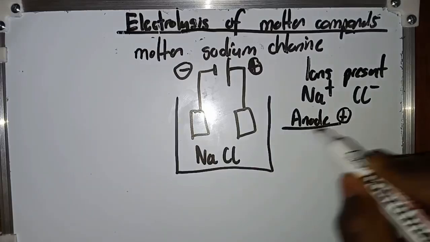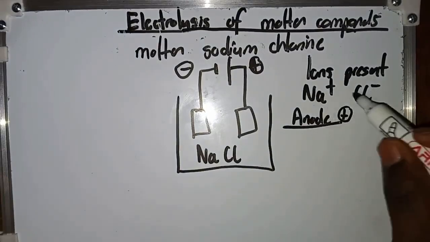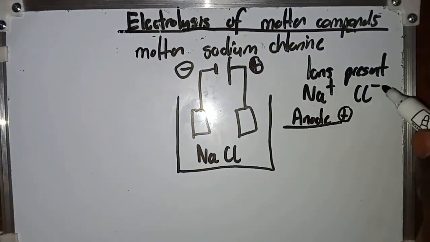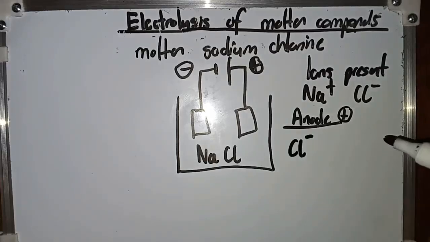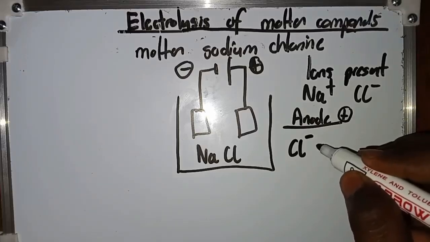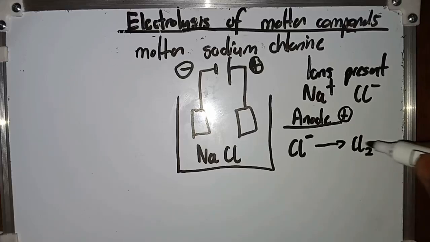An anode is positive, it attracts the negatively charged ion. So here we've got Cl minus, and we get chlorine. When chlorine is written as an element, it's diatomic, as I said, plus electrons. But right now we don't know how many electrons.